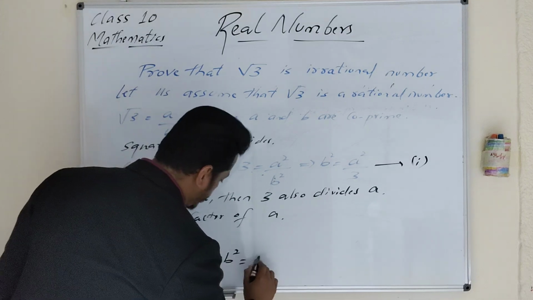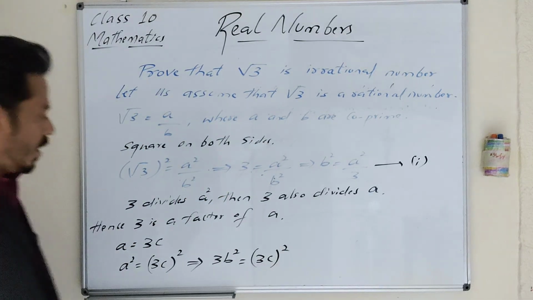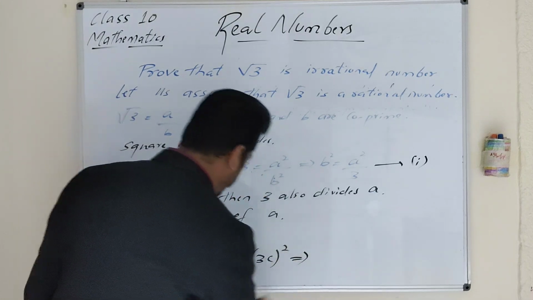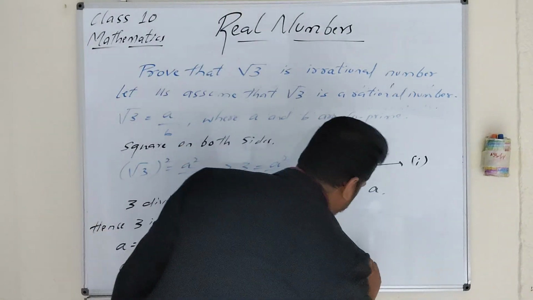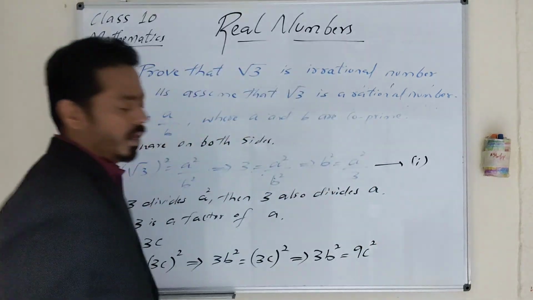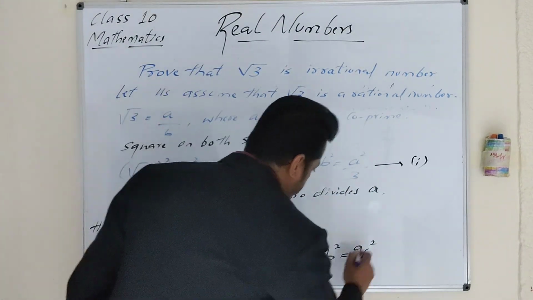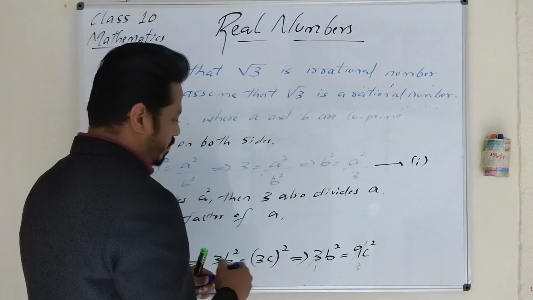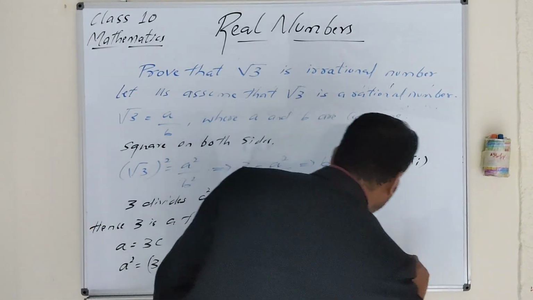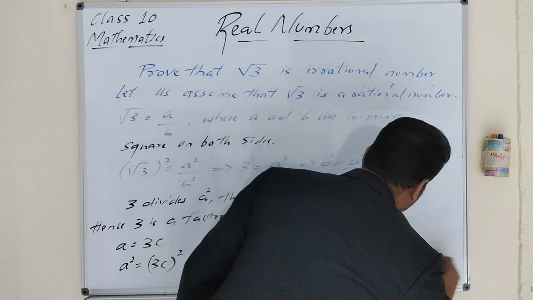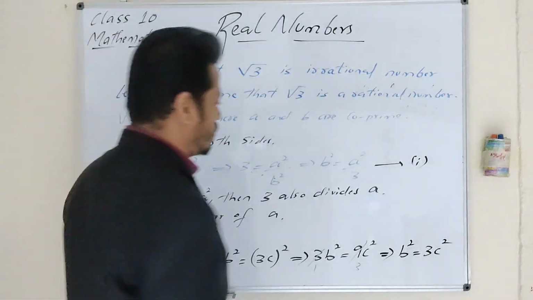So 3b square equals 3c whole square, which means 9c square. Here 3 1s are 3, 3 3s are 9. So from here you can take b square equals 3c square.